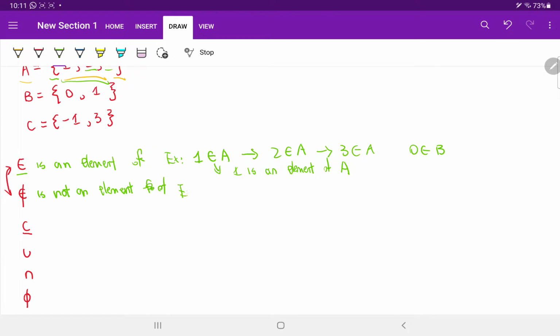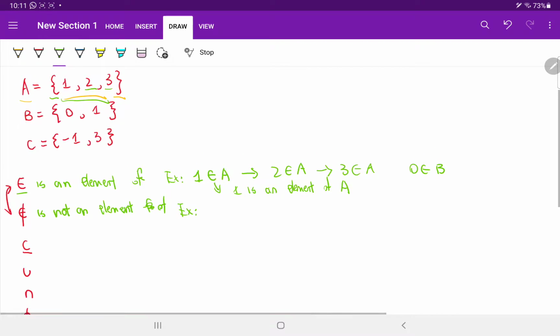So what would be an example again? Let's look at set A. For set A, we have 1, 2, and 3. It only includes 1, 2, and 3. So what about 0 and 4? They're not elements of set A, right?